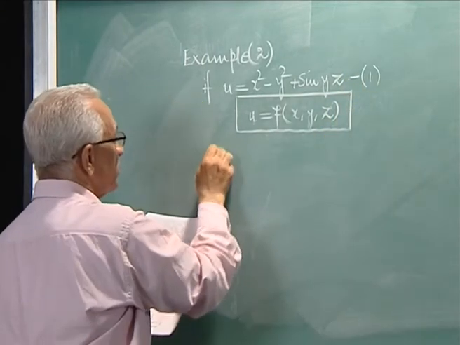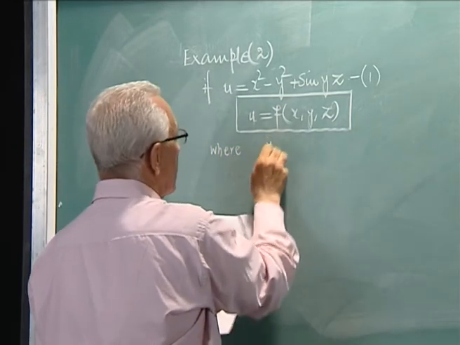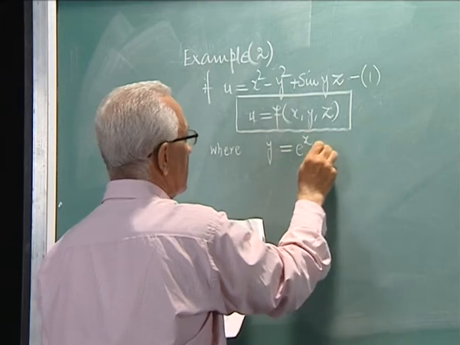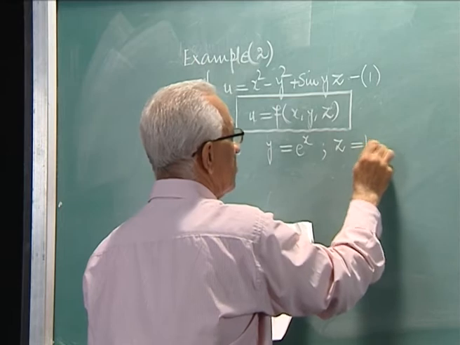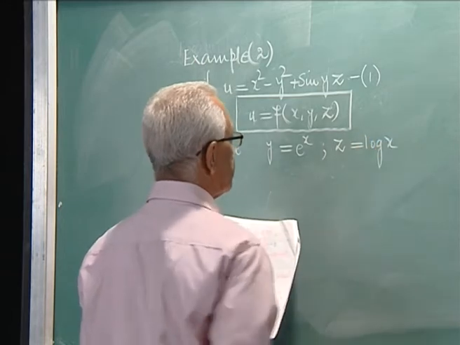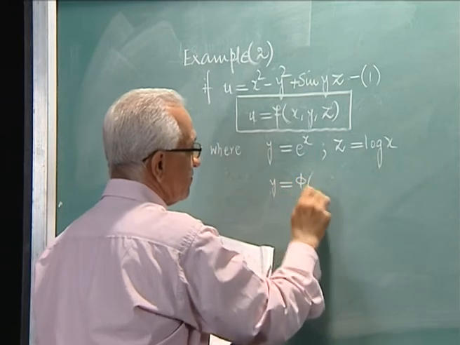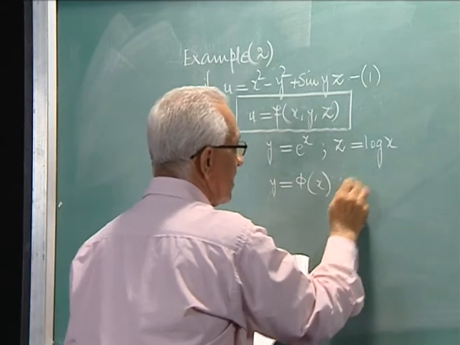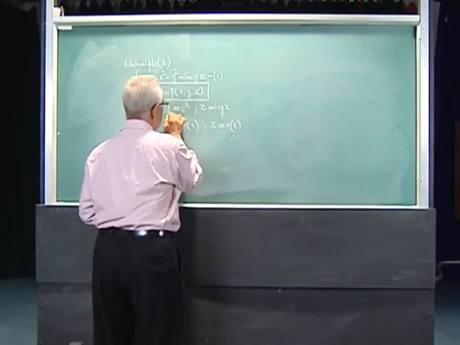And where, like we did earlier, y is e to the power x, z is equal to log of x. This is y as some function of x, and z is also some function of x.